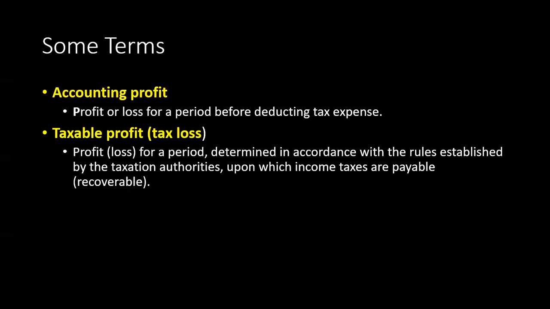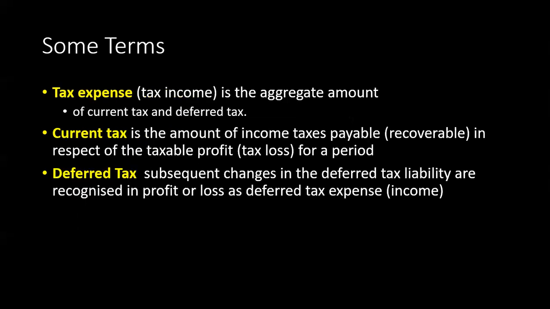So generally, the accounting profit will not be equal to tax profit. And this accounting standard gives suggestions on how to deal with the difference between the accounting profit and the tax profit. As a result, three important terms come into the picture.